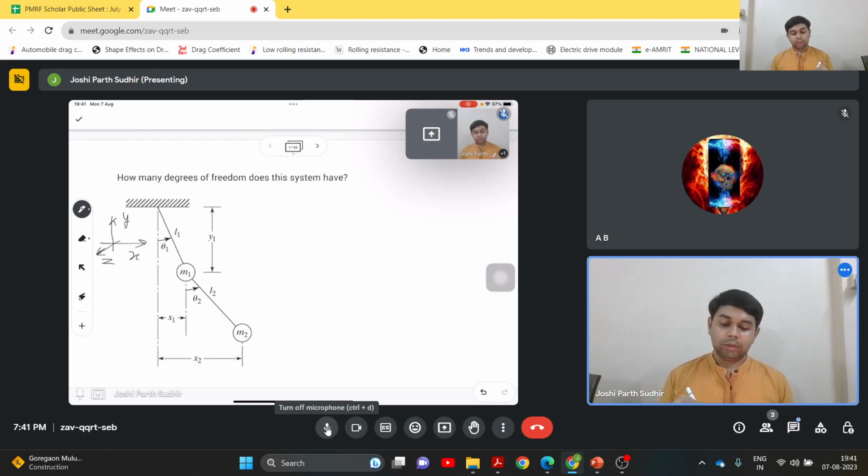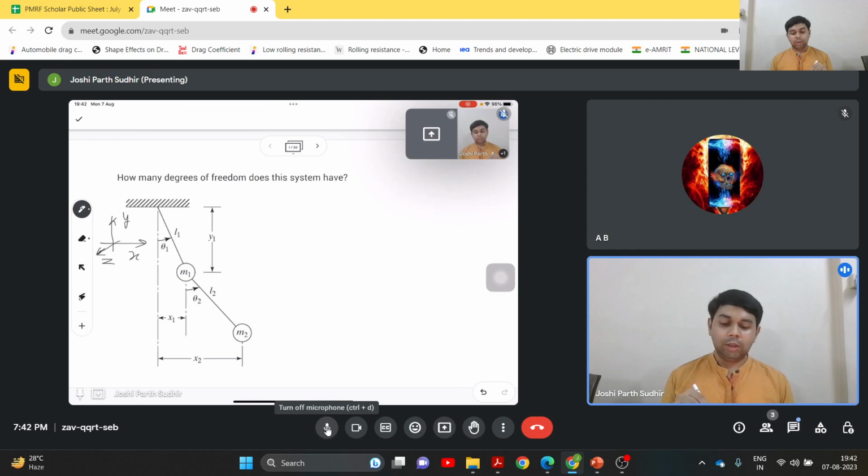Then it is suspended from this fixed point, let us say this rod L1 is rigid and does not change its length. So it is constrained to move in a certain fashion in the xy plane.